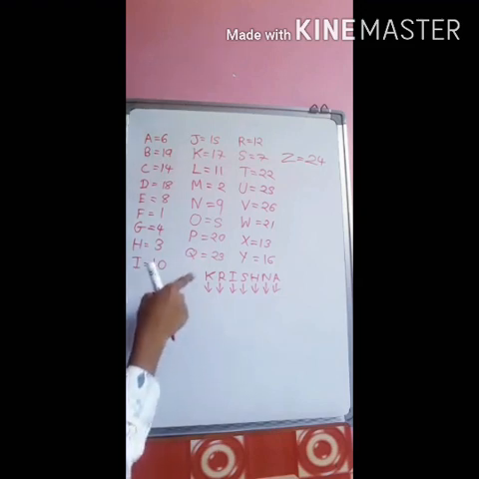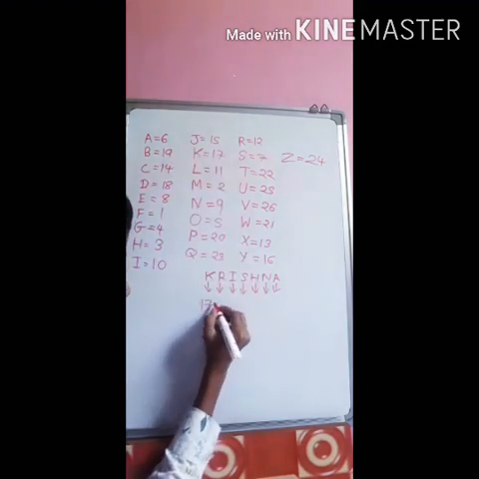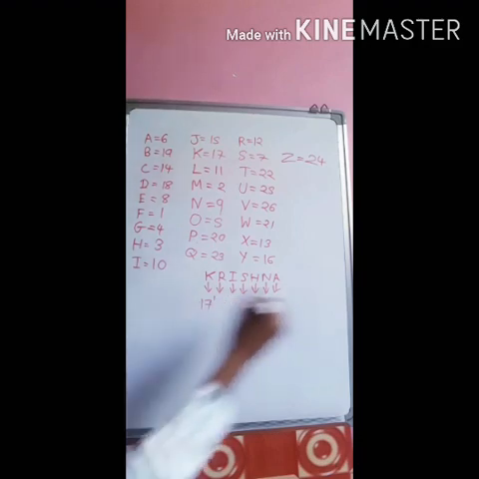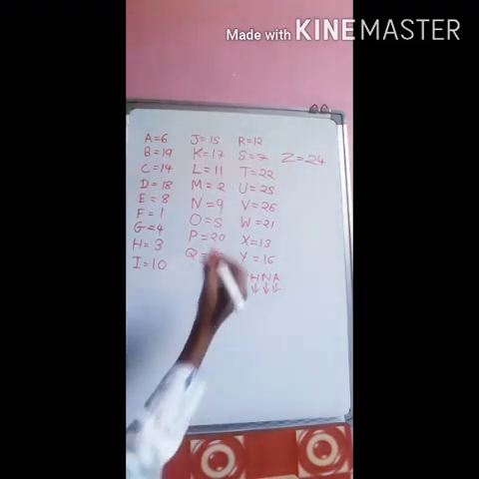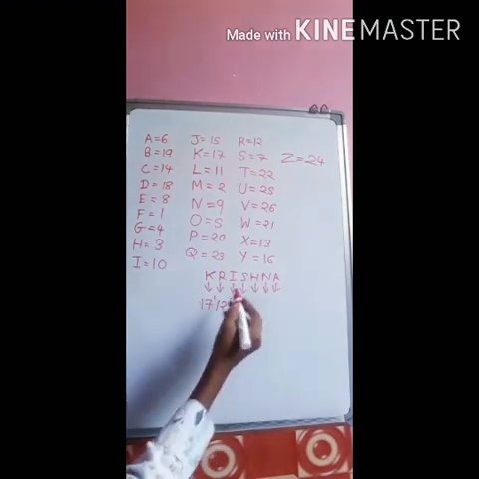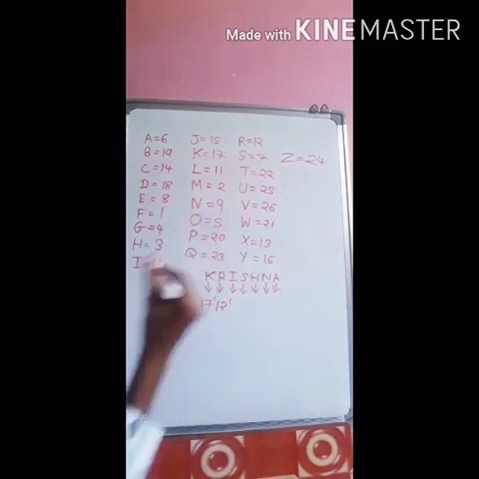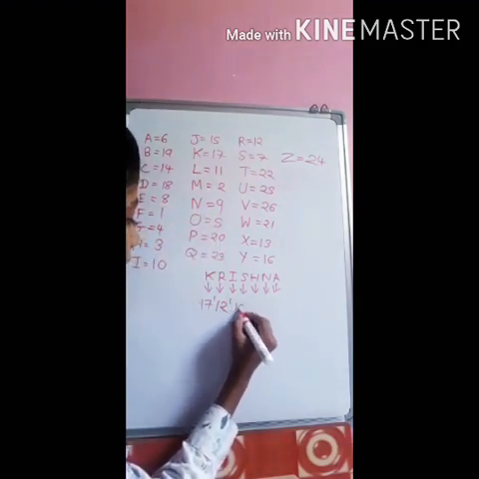Now first we will see K. K is equal to 17. Now we will write here 17 and one comma, so that we can understand that this is one alphabet. Now we will make the whole word Krishna. Now R is equal to 12. Now after R, I. We will find I. Where is I? Now you can see I is equal to 10.